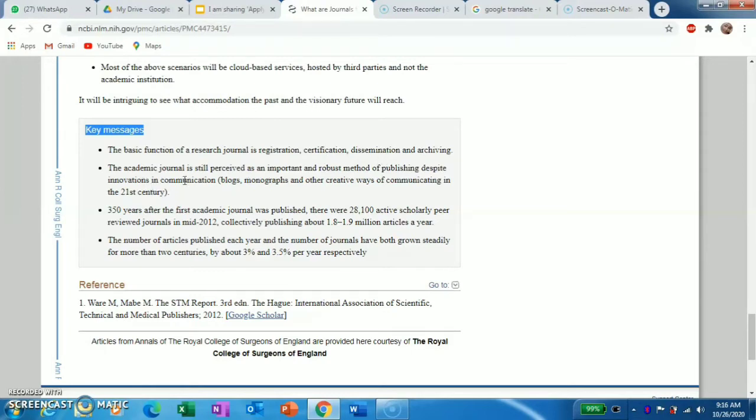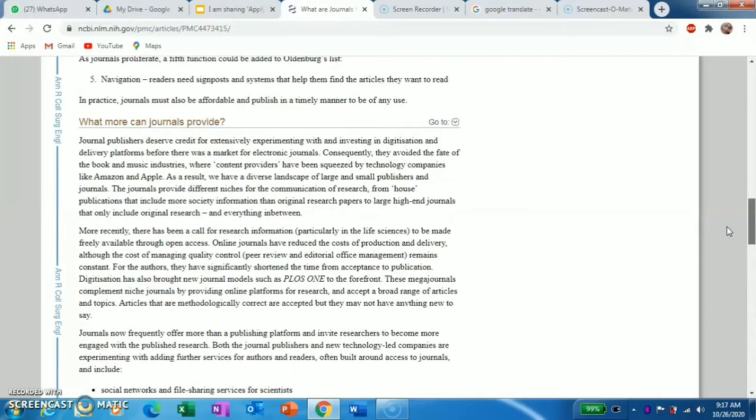The academic journal is still perceived as an important and robust method of publishing despite innovations in communications. 350 years after the first academic journal was published, the number of articles published each year and the number of journals have both grown steadily for more than 2 centuries, by about 3% and 3.5% per year respectively. After I read the key message, I will go back to the beginning of the article.